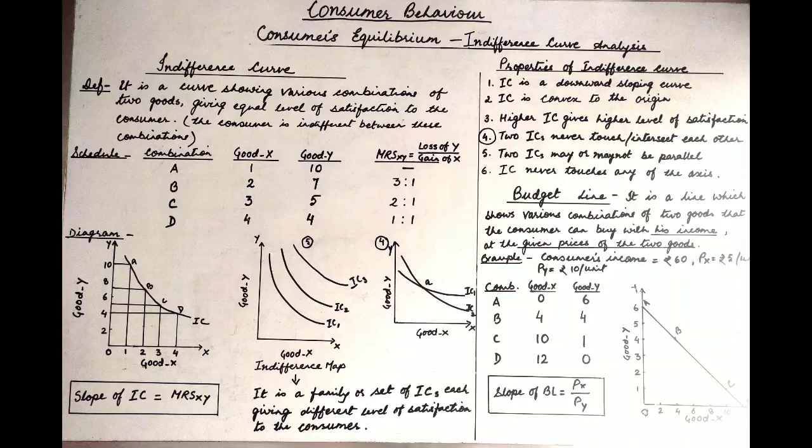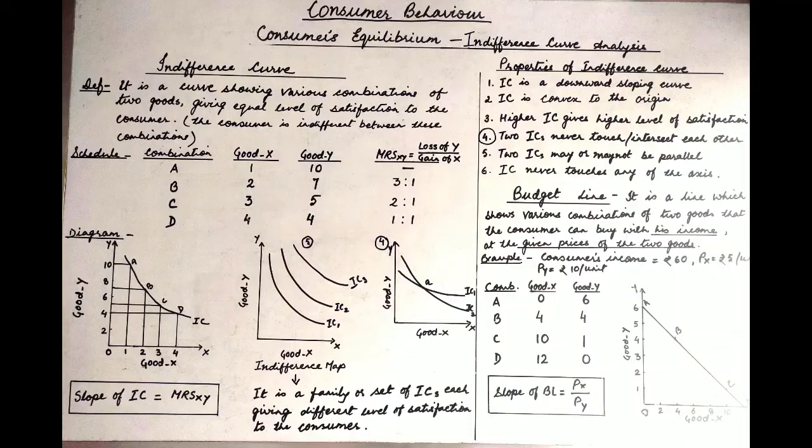As we know that each indifference curve gives different level of satisfaction, therefore, two indifference curves do not touch or intersect each other. If the two indifference curves intersect each other at this point, that is point A, both the indifference curves will give same satisfaction, which is absurd.